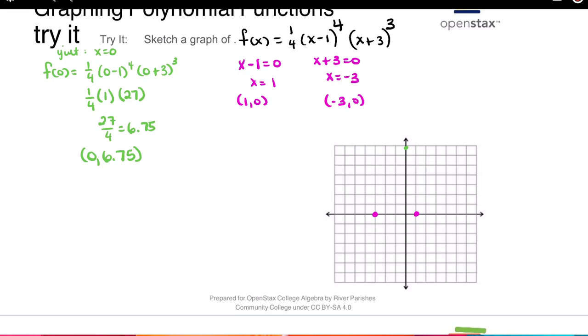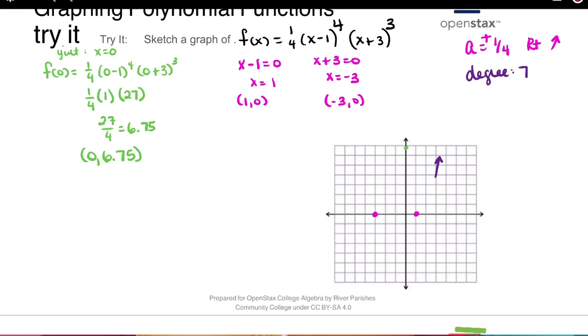Now I need to figure out some behaviors. So let's look at a. a is 1/4, which is positive. So that means that the right behavior is going to go up. So I know this side is going to go up. Let me do a different color. And then the degree is 4 plus 3, which would be 7.